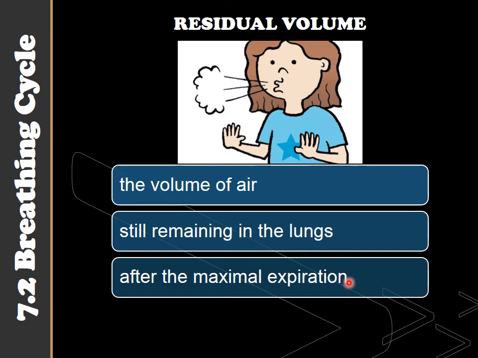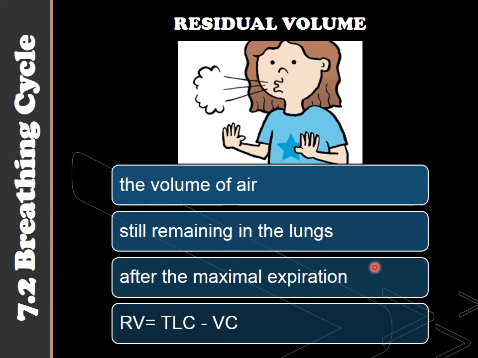Expiratory capacity is the volume of air that leaves your body when you exhale. But residual volume is the amount of air still in your lungs after you have done maximum expiration. So formula wise, residual volume is actually total lung capacity minus vital capacity.